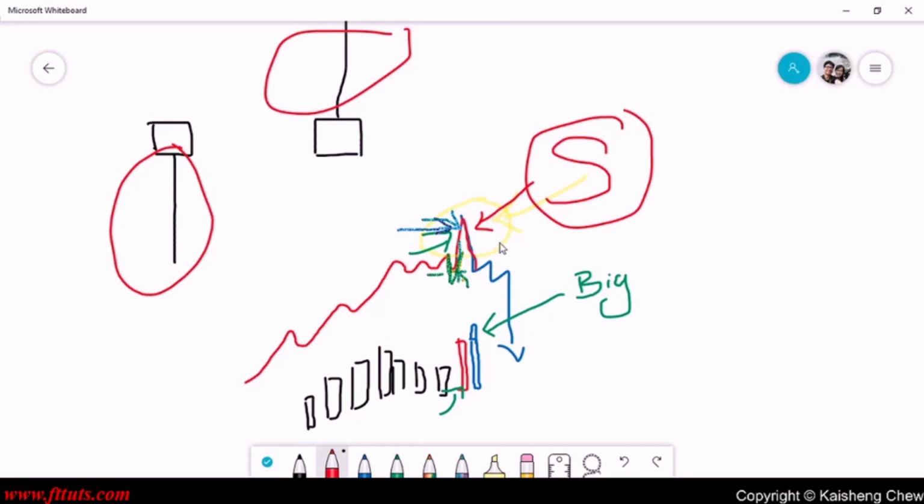In a very small time frame, even 1 minute, you can see the activity. They can't hide the activity because they have a lot of money. Even if they have, let's say, $10 million, they need to split it up into small amounts.